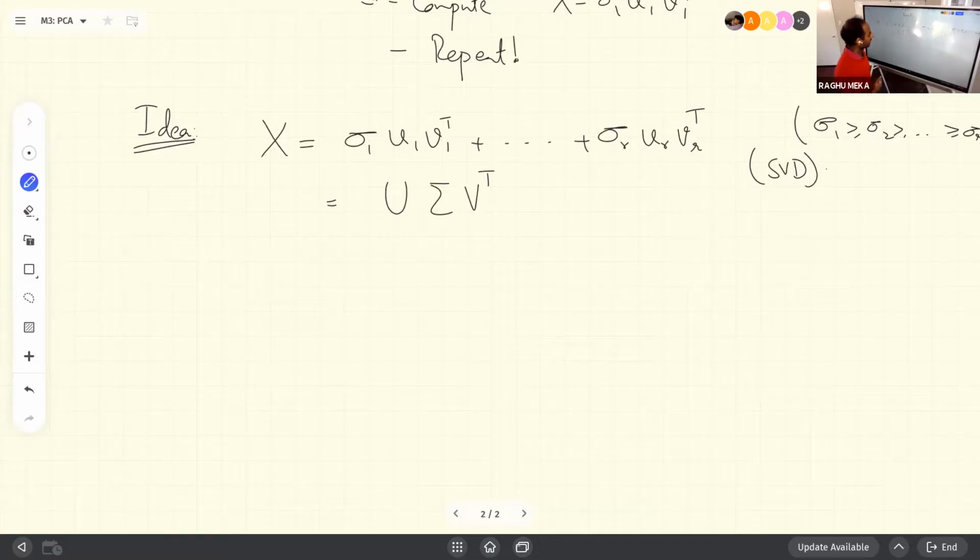The idea is to understand how the singular value decomposition changes under matrix products. So what do I mean? Let's look at this matrix, I'll call it Y, which is X transpose X.